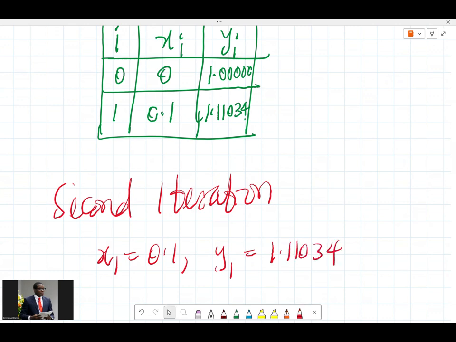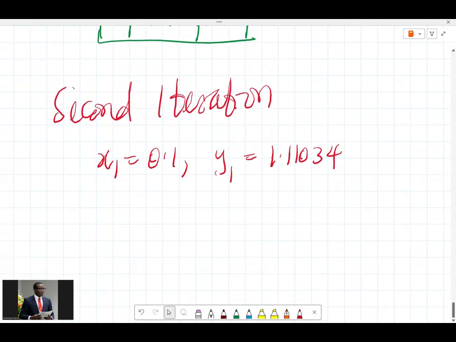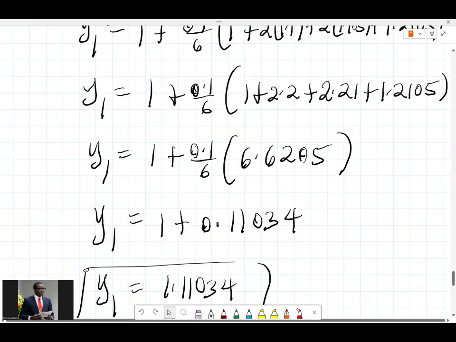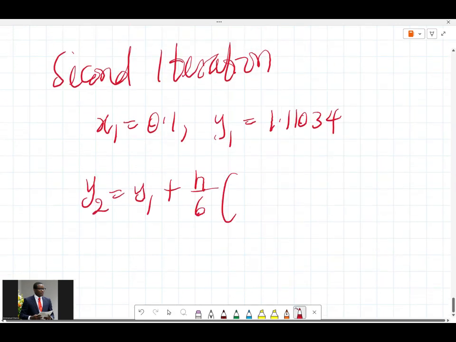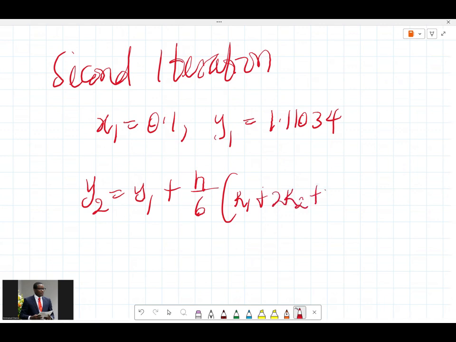You will use that to get y2, which is equal to y1 plus h over 6 into k1 plus 2k2 plus 2k3 plus k4.